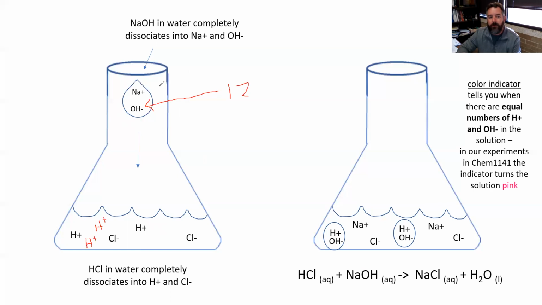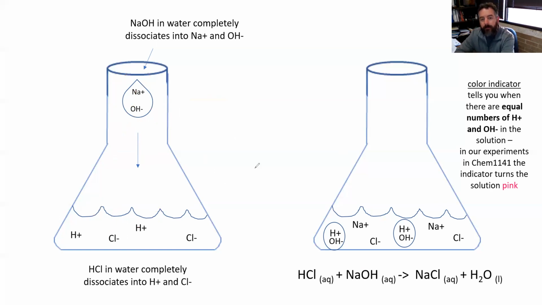And so if we know how many hydroxides we're placing into the solution, and we know each one of those hydroxides reacts with one of those protons, and we have a way to show there are equal numbers of hydroxides and protons at a certain point during this titration, we can then count exactly how many protons are in that solution.